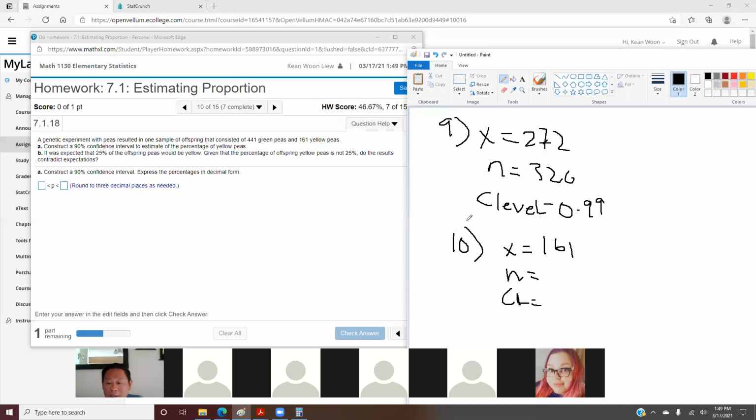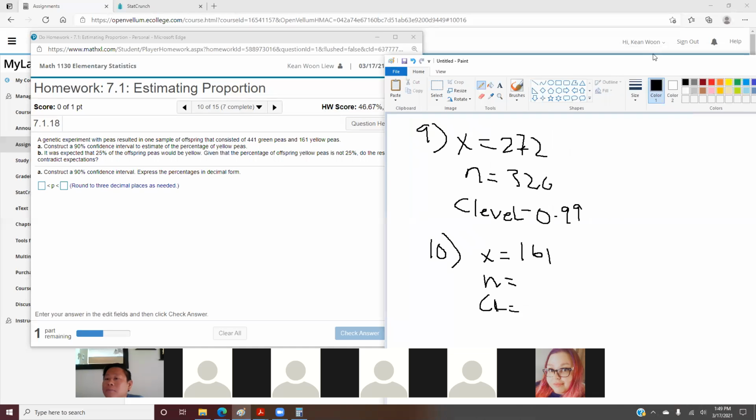That is correct. But N is not 441, because 441 is only green. What does N stand for? The sample size. So how do you find your sample size in this case? You add, because you have to add the green one and the yellow one.